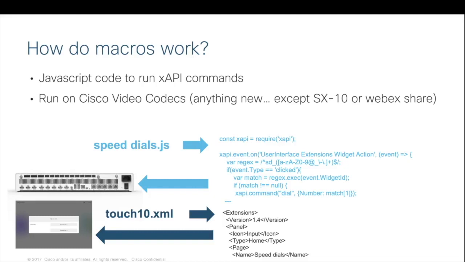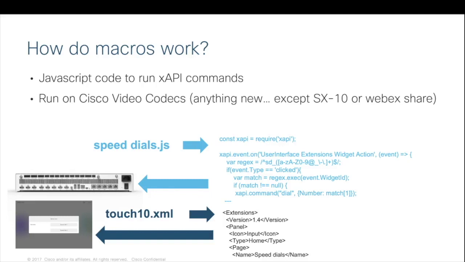You can also use an HTTP connection to the box or SSH connection to the box and send the commands that way. Macros are self-contained in the codec itself, so it's running the command on the codec, not some external server. And they actually run literally a JavaScript file, a .js file is loaded onto the codec itself.